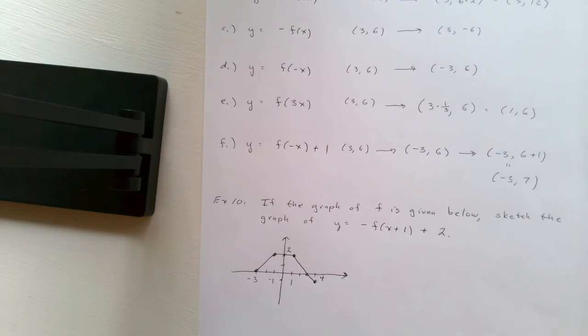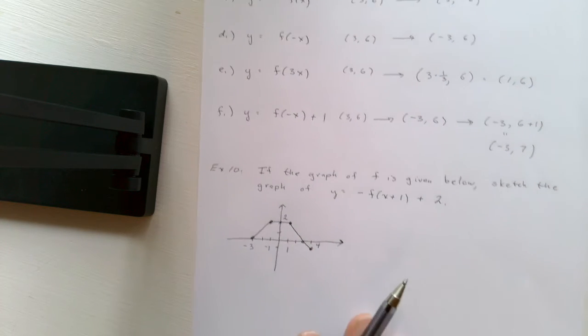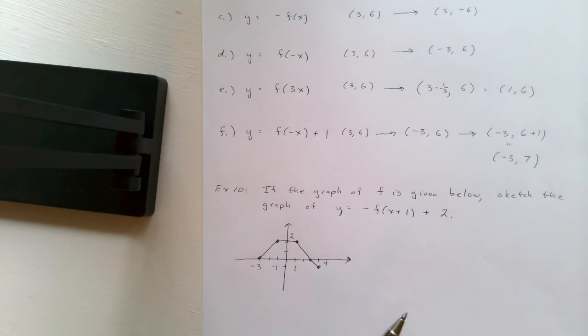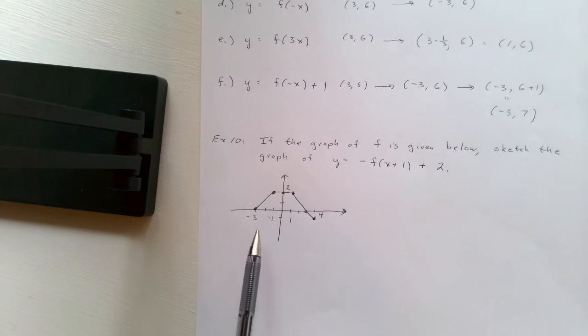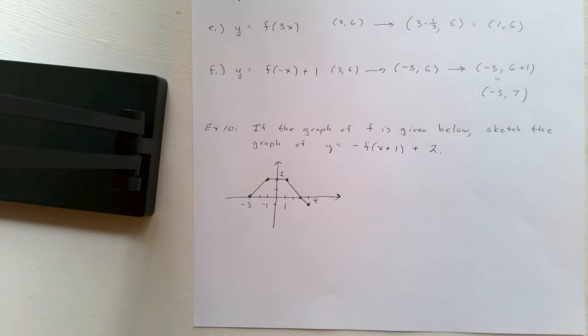Okay. So here in part F we just did 2 transformations instead of 1. Okay, so this is a technique that you might want to use if you're asked to transform a funny looking graph like this, which is not one of your basic functions. This actually could be the graph of a piecewise defined function.